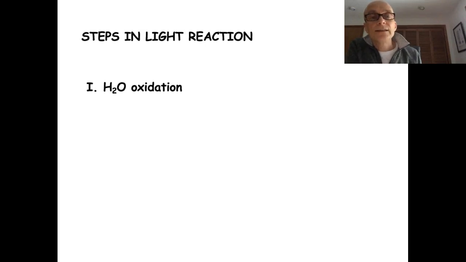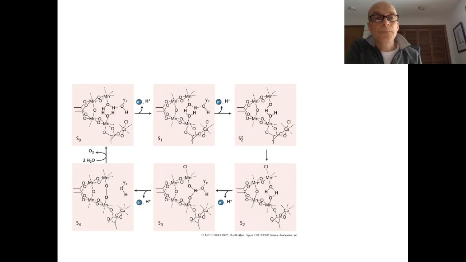So let's take a look at the water oxidation step, the very first step. The proteins that make up the complex in which water is split include a particular part called the water splitting enzyme. This is a major protein complex, meaning there are multiple protein parts.